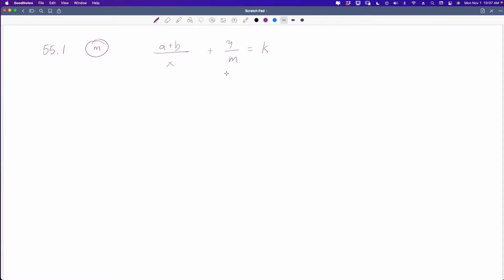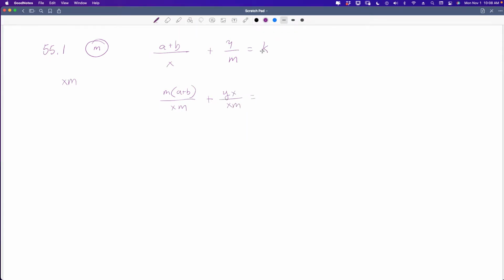So first, we're going to find a common denominator, which in this case is xm. So xm is our common denominator. We need to multiply this by m, so we have m times a plus b over xm, right? Plus, we need to multiply this by x, so yx over xm.